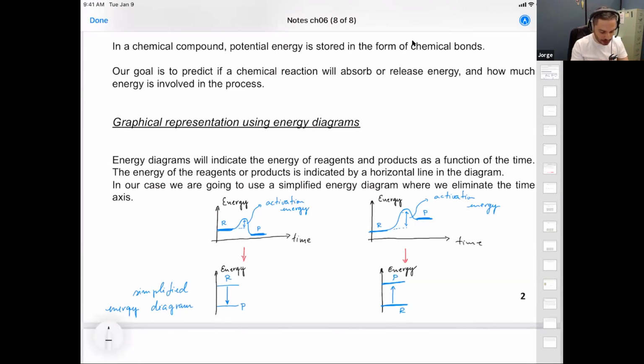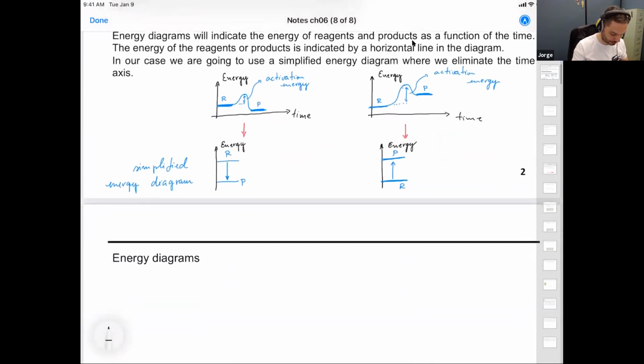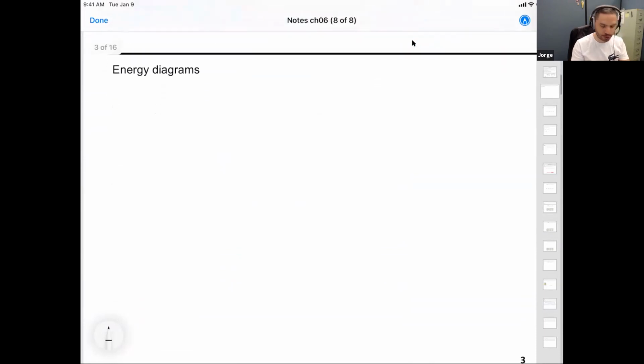Okay. So now let's try to understand when a reaction will absorb or release energy. And I'm going to do that based on the simplified energy diagrams. Okay, so let's start here with our first reaction.